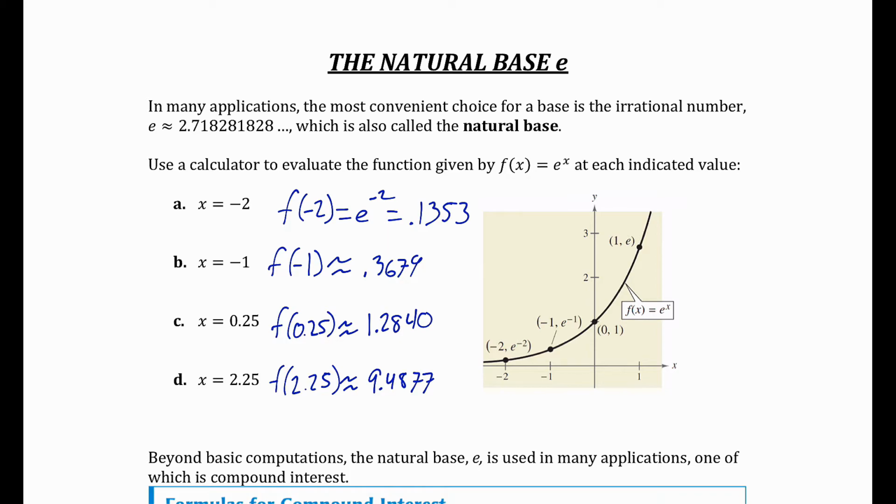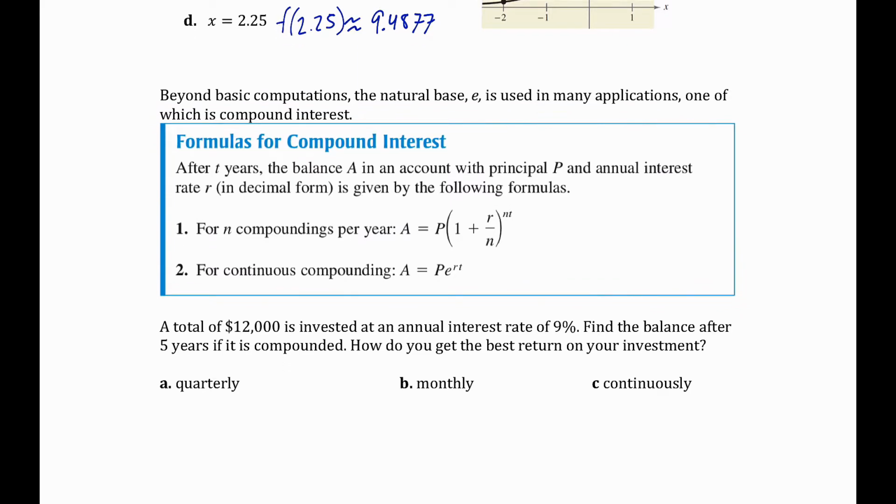So this number seems kind of nonsensical at first, but it's going to come in handy for compound interest, so dealing with money. Beyond basic computations, the natural base e is used in many applications, such as compound interest. After t years, the balance A on an account with the principal P, the starting amount, and the annual interest rate R as a decimal, so we have to convert the percent into a decimal, is given by the following formulas.